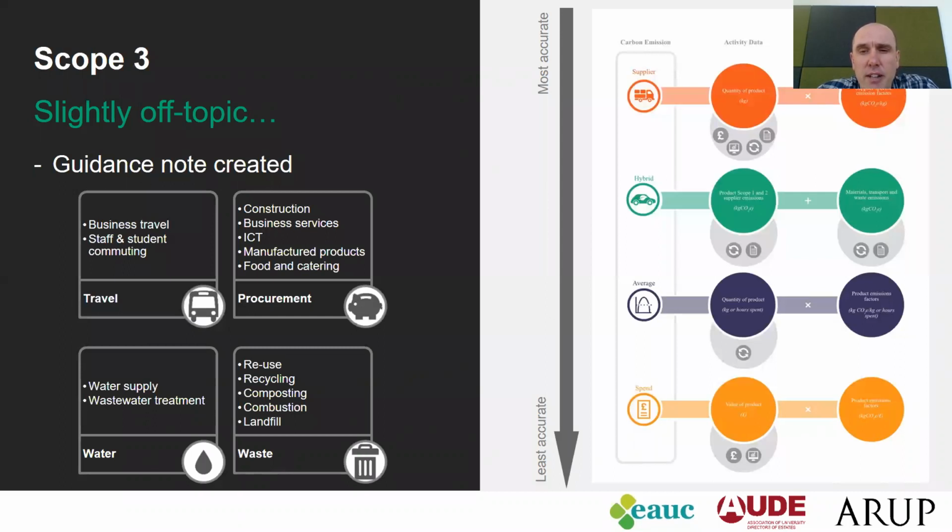And there are various different types of calculation methodology you can use depending on what data you've got available and how accurate you want your answer to be. It can be a bit of a minefield trying to think of Scope 3 emissions, so this hopefully is going to clarify for a lot of people what their options are and help them choose the most appropriate route to getting a number out.